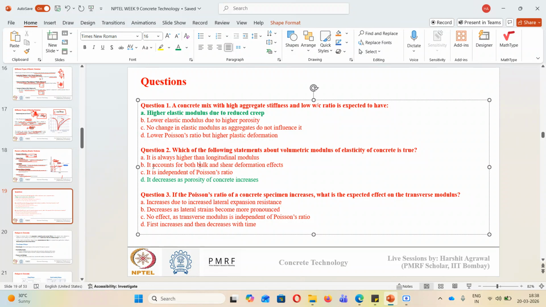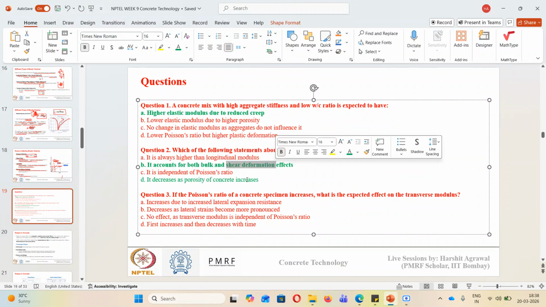One more correct option is option B, which is more related to volumetric elasticity modulus. We know that volumetric modulus relates how a material deforms under uniform pressure, that is hydrostatic pressure. When we are talking about uniform pressure, both bulk and shear deformation are taken into account.